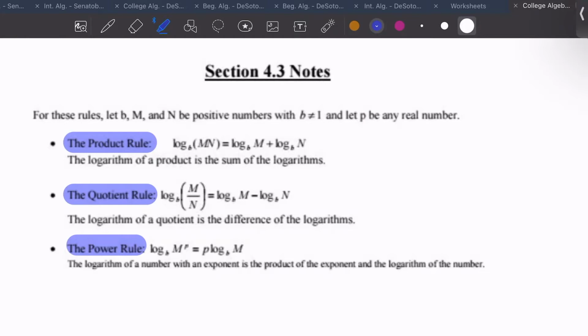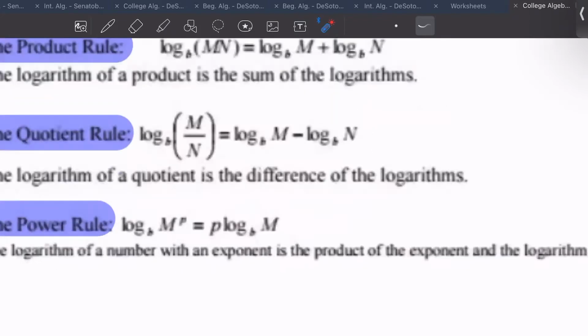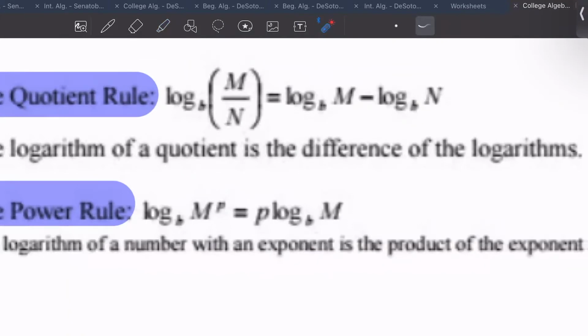If you are multiplying inside your parentheses with your log, you're going to add the logs. If you're dividing, you're going to subtract the logs. And if you have something, I know this might be a little difficult to see, you should be able to see it better on your paper. Log base b of m to the p power equals p times the log base b of m, okay?